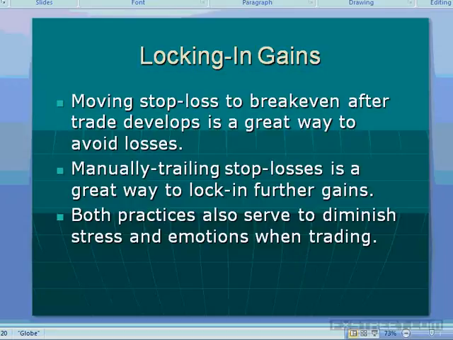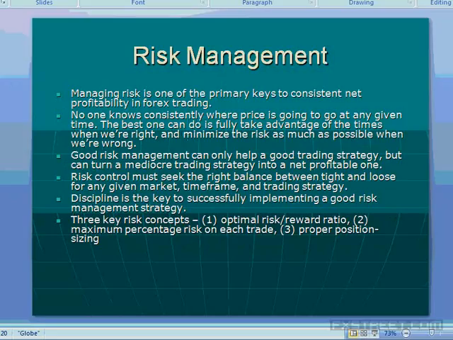Okay, and then risk management, I'm not going to go through that much, although it is probably the most important aspect of anyone's trading. If you have a great trading strategy with all the best entries, and you have not so good risk management, then I would not give you a great chance of surviving and having consistently profitable trades.